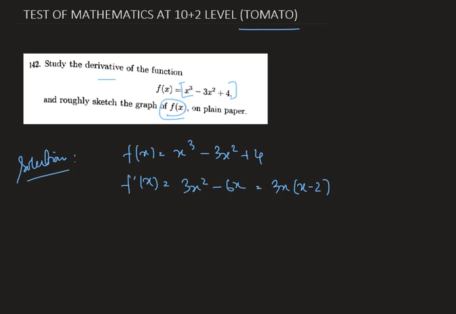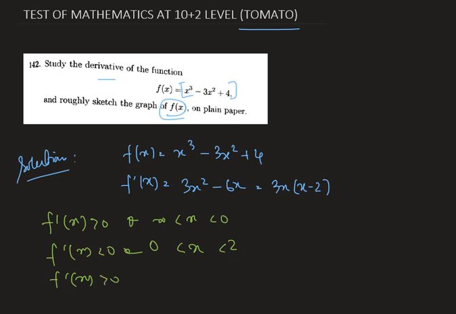Now we can say that f prime x is greater than 0 for all x from minus infinity to 0, that is x less than 0. f prime x is less than 0 for all x strictly greater than 0 and less than 2, and lastly f prime x is again positive for all x greater than 2.